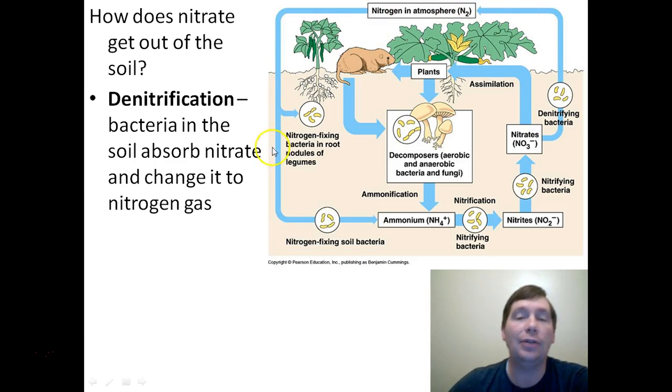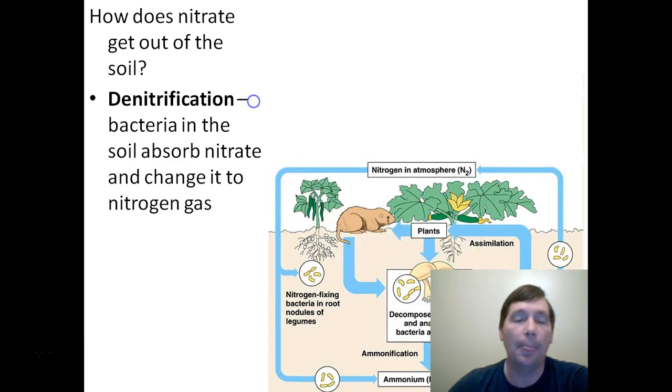So we have a nice little cycle going on here. Yes, we have bacteria that are removing nitrogen from the air to make nitrate. We have another type of bacteria that are taking that nitrate, breaking it apart, and adding nitrogen back into the air. So we have a cycle, and we don't run out of nitrogen in the air. So denitrification is one way that nitrate can be removed from the soil.